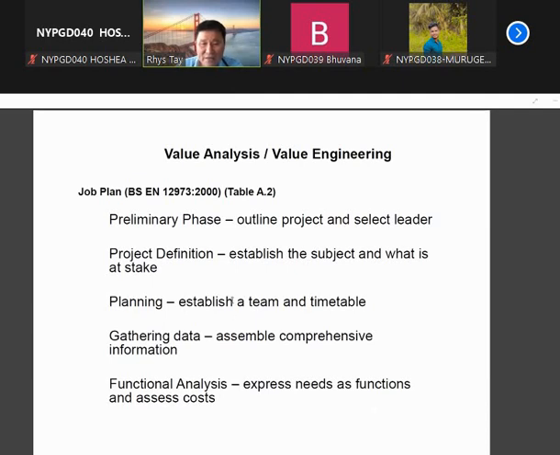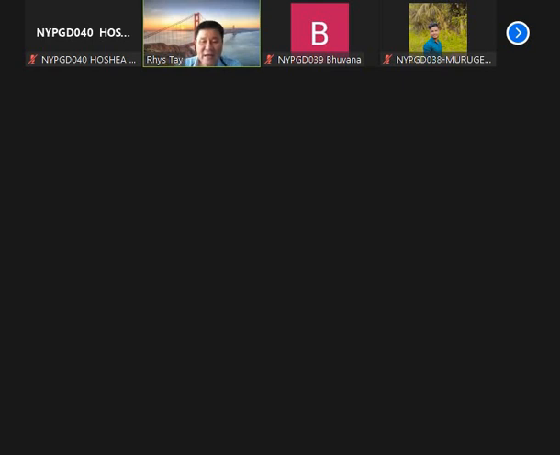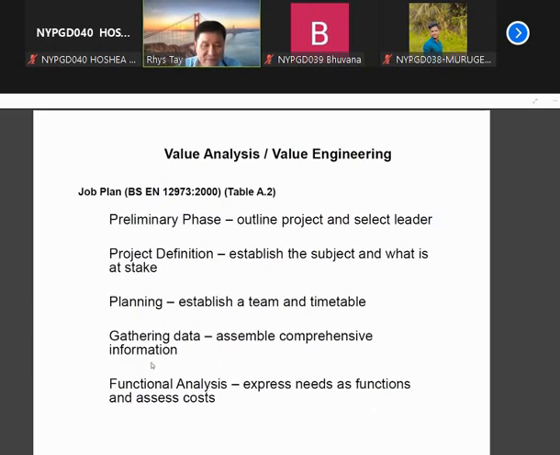Right, planning: you have to establish a planning team. Then you will do the job according to the contract timeline and contract costs. After you get all these things up, you start gathering data and assembling comprehensive information.